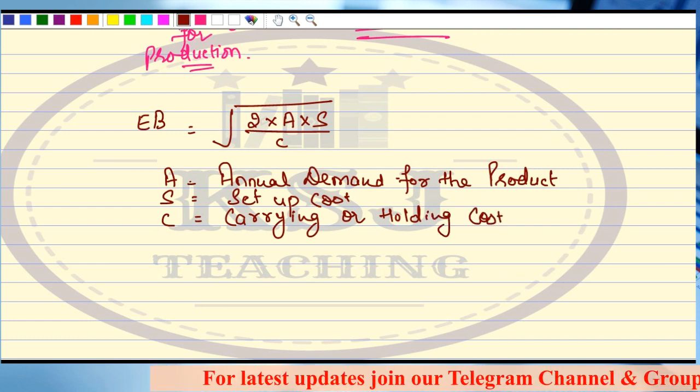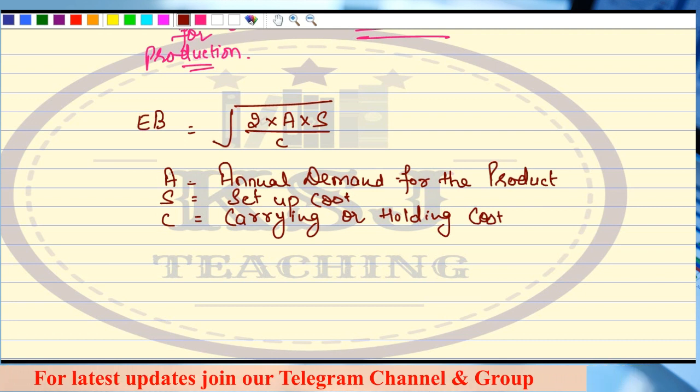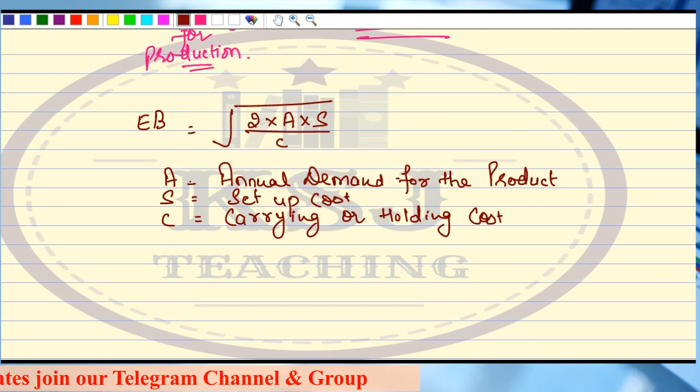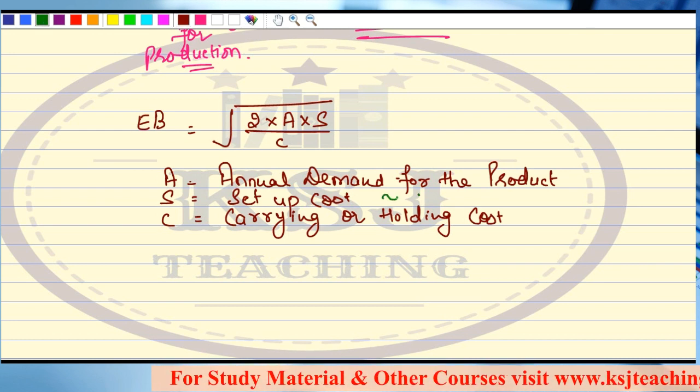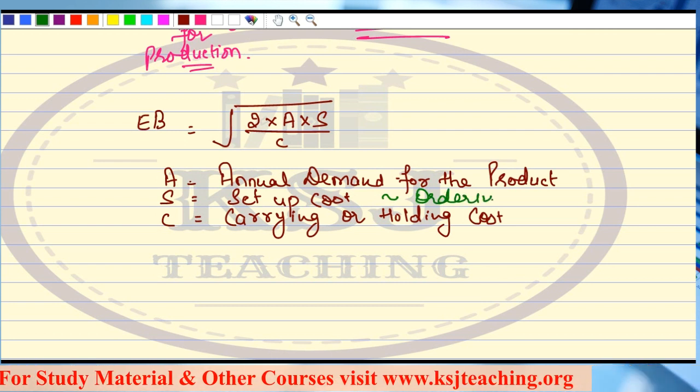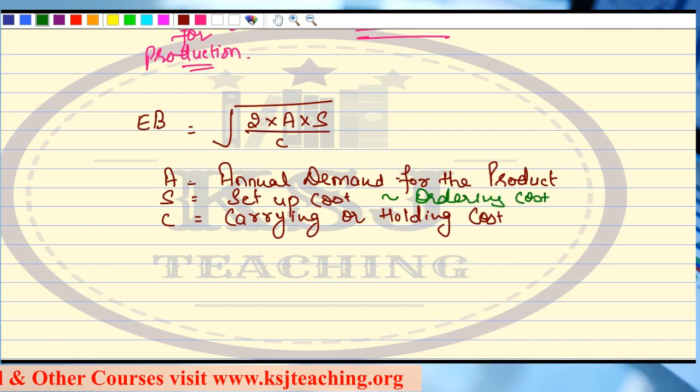Now, if I have to compare with economic order quantity in the material, there A is equal to annual consumption of raw material, and O is equal to ordering cost. Instead of ordering cost, here we take it as setup cost. This setup cost is equivalent to ordering cost.